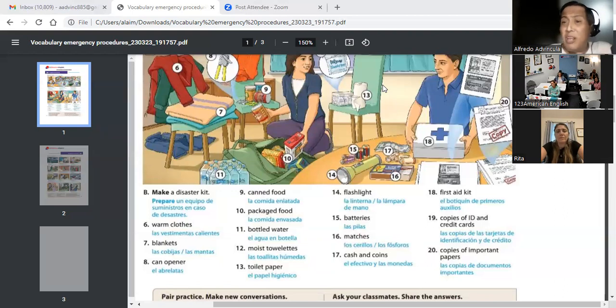Of course, you also want to have most of the important papers, at least the copies, with you, because maybe we don't know what might happen later. So if there's damage to your house, that's why it's important to make copies of important documents. Guys, so that's 19 and 20.